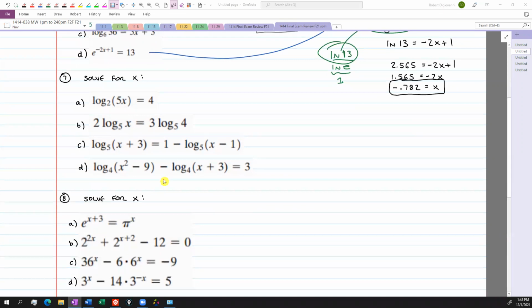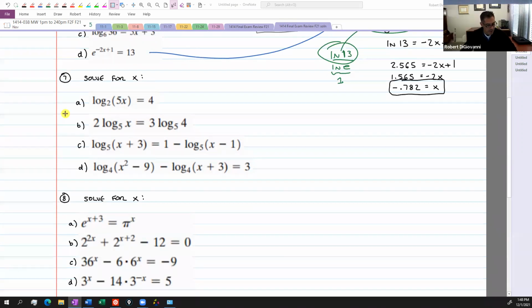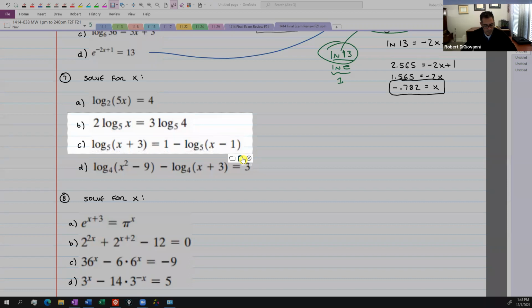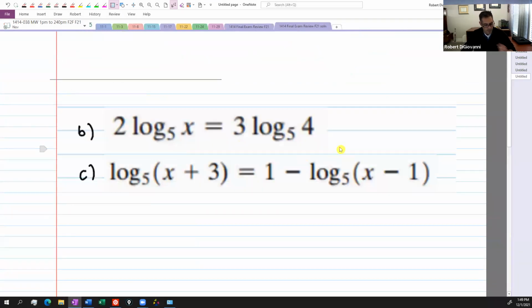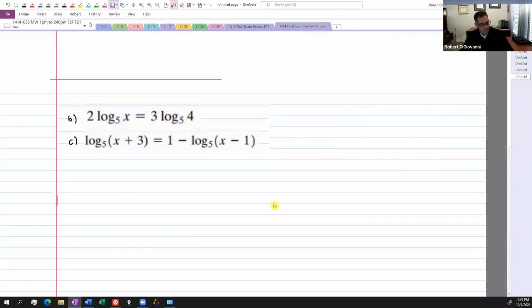All right, I'm going to go to a different page just in case I need more room. So for B, B's a little weird. 2 log base 5 of x equals 3 log base 5 of 4.